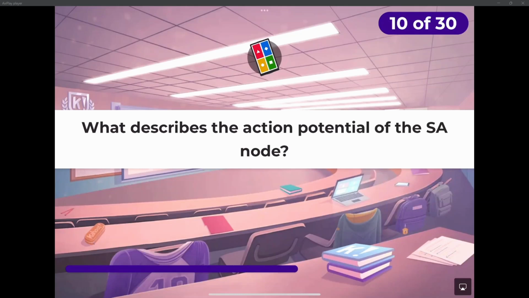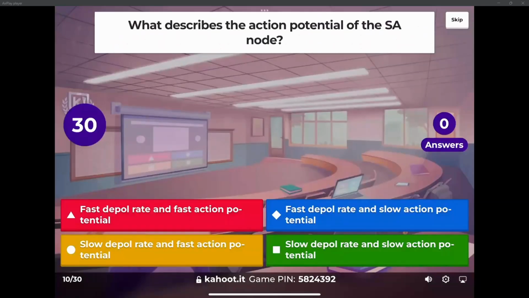What describes the action potential of the SA node? This is an autorhythmic cell, not a muscle cell. Fast depolarization rate and fast action potential, slow depolarization rate and slow action potential, slow depolarization rate and fast action potential, or fast depolarization rate and slow action potential.